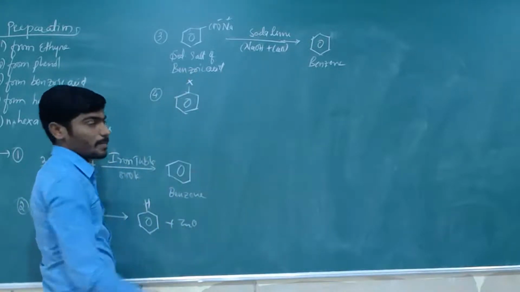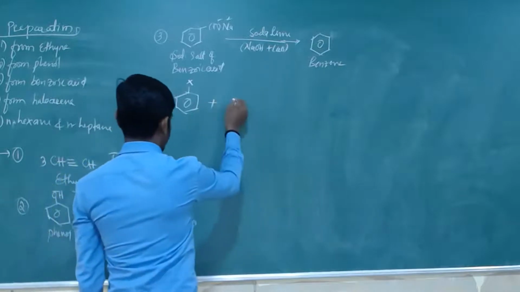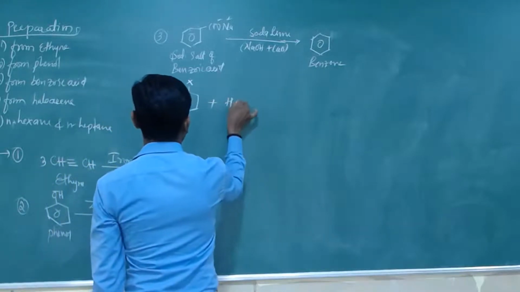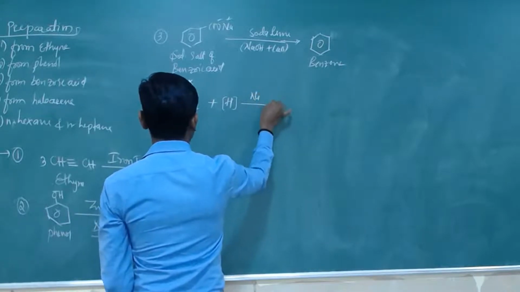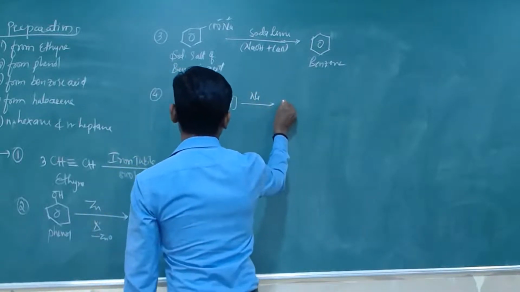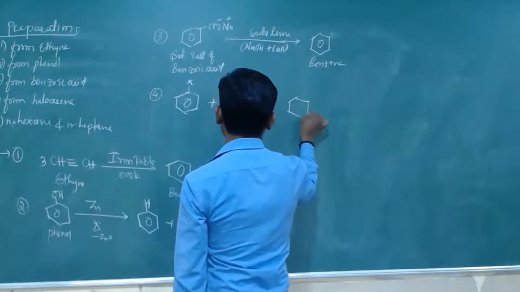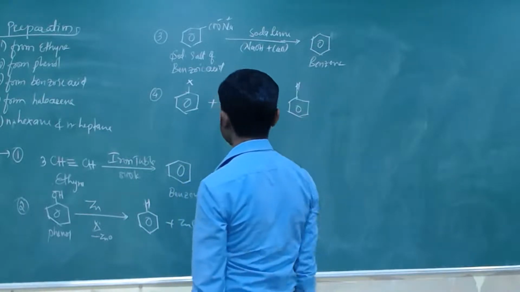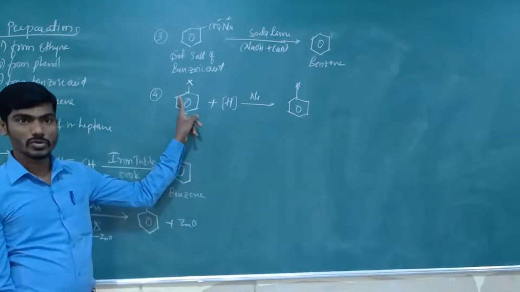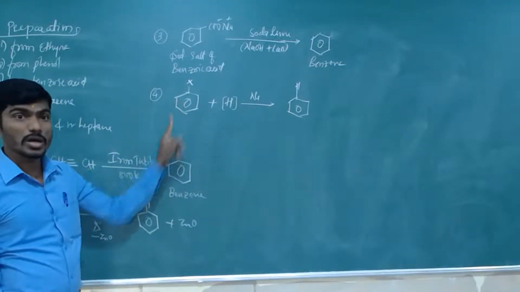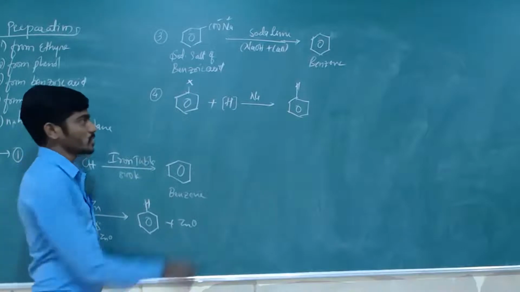X-benzene, that is halobenzene, is treated with hydrogen in the presence of nickel, palladium, or platinum, etc. This gives rise to the product. What is this? Halobenzene, or simply haloarenes.